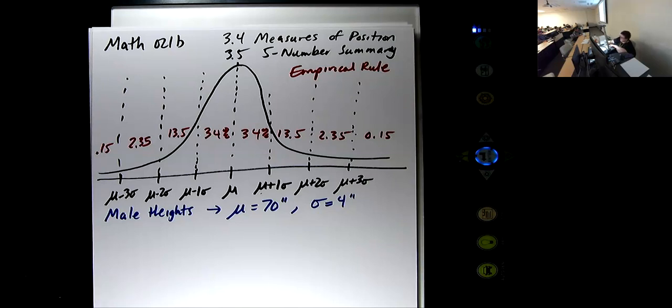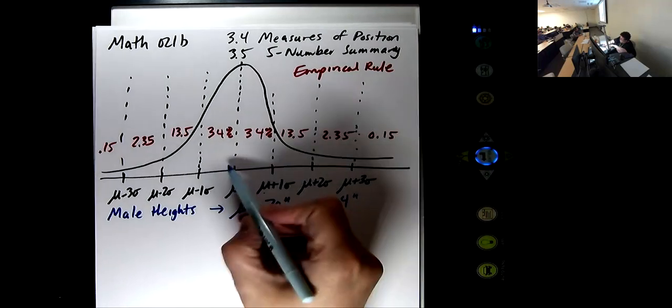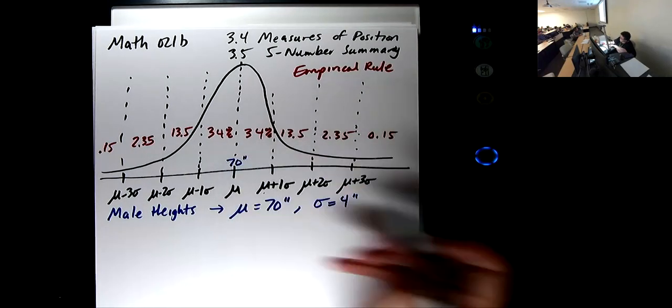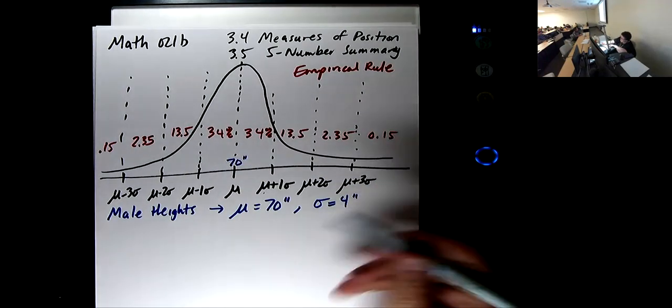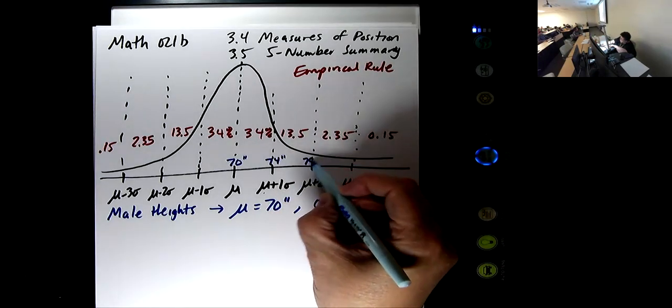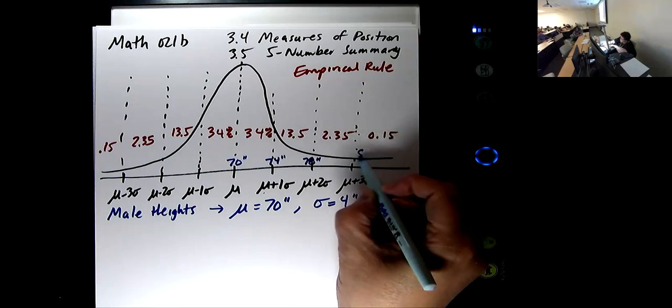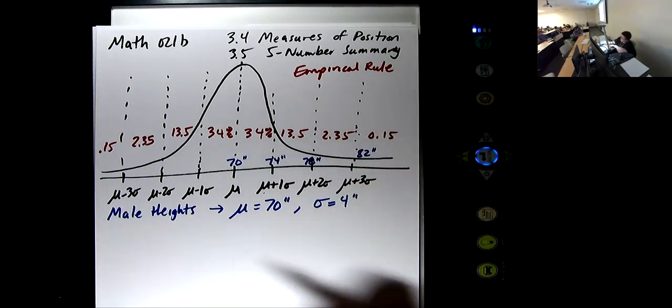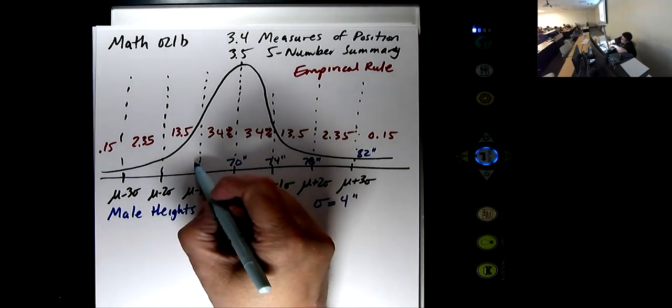Which means I can go through and label my values here. Mu is 70, that's in the middle. And then I go to the right, I just add 4 inches each time. And as I go left, I subtract 4 inches.